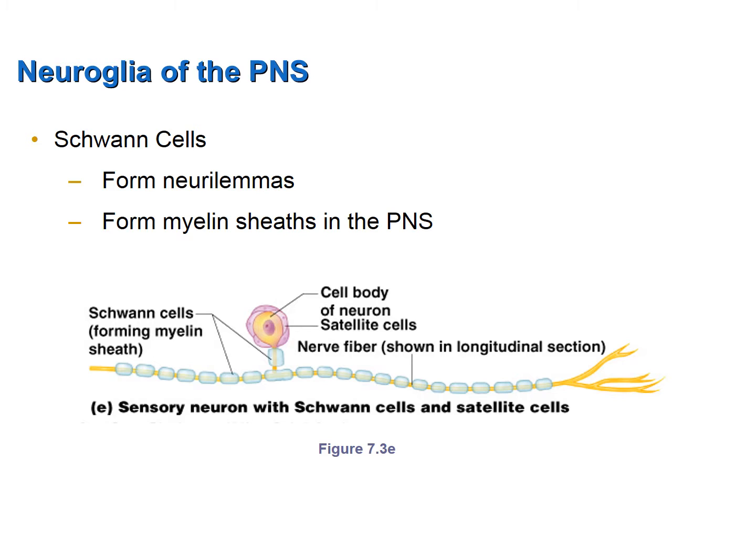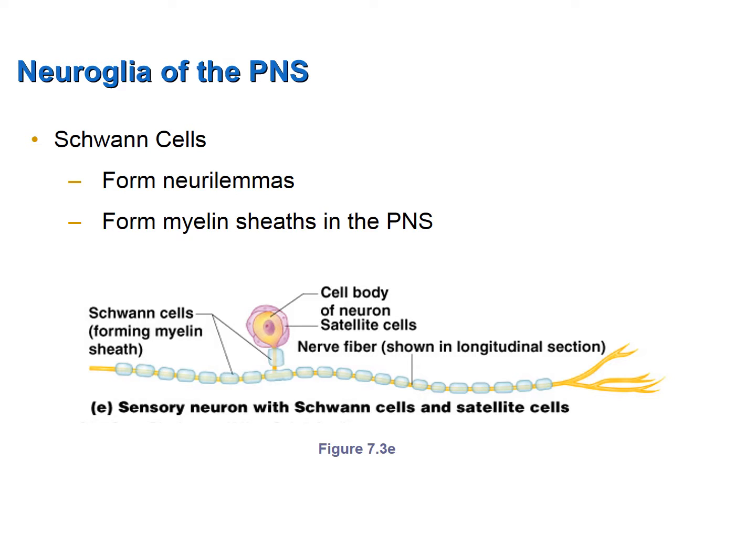If you look at this figure here, notice that the Schwann cells do not have processes that extend and wrap around the axons of neurons. Instead, the entire Schwann cell wraps around the axon and forms a component of the myelin sheath.